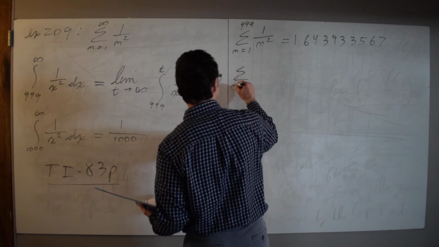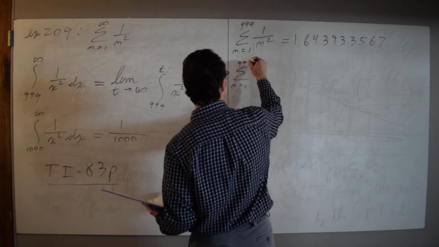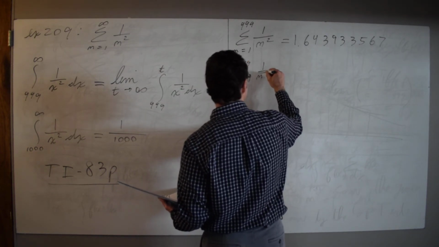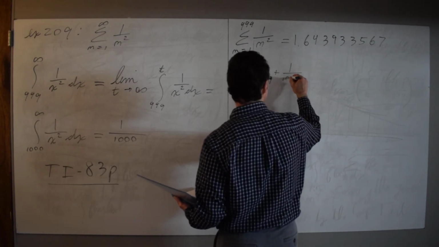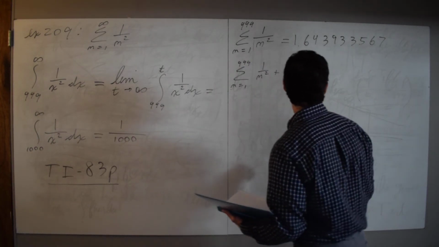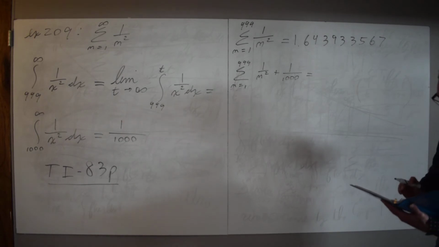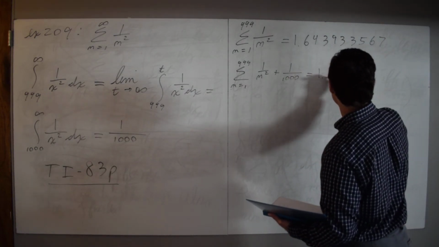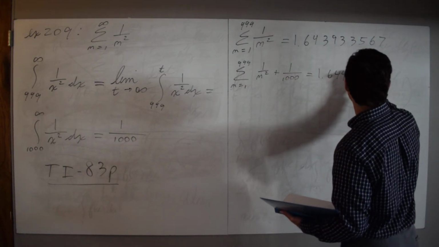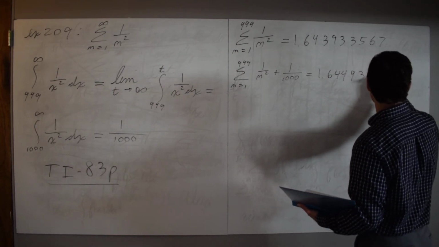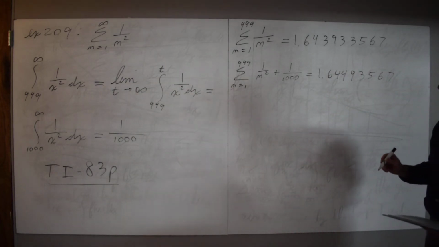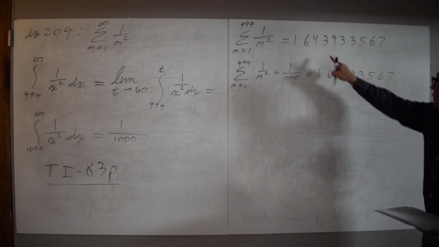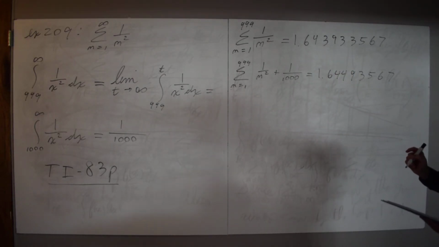The sum of n equal 1 to 999 of 1 over n squared plus 1 divided by 1,000 is 1.64493567. We're adding 1/1000, so all we did is increase this digit by 1.